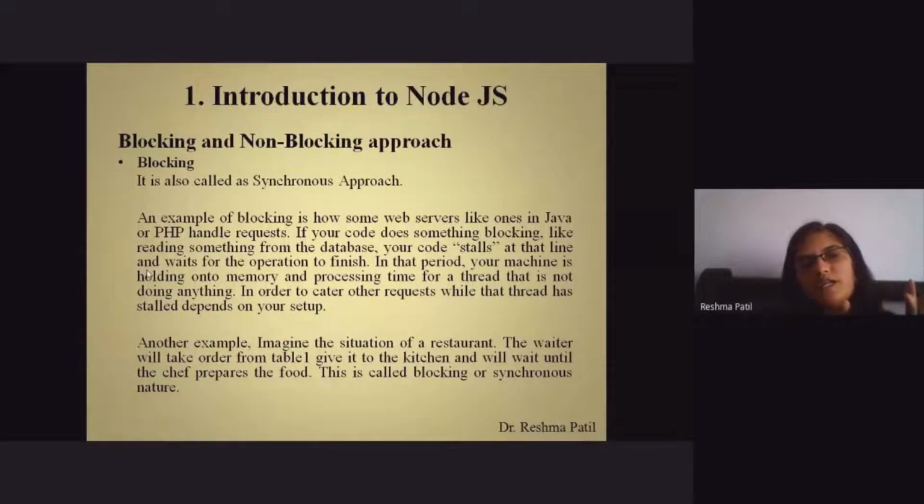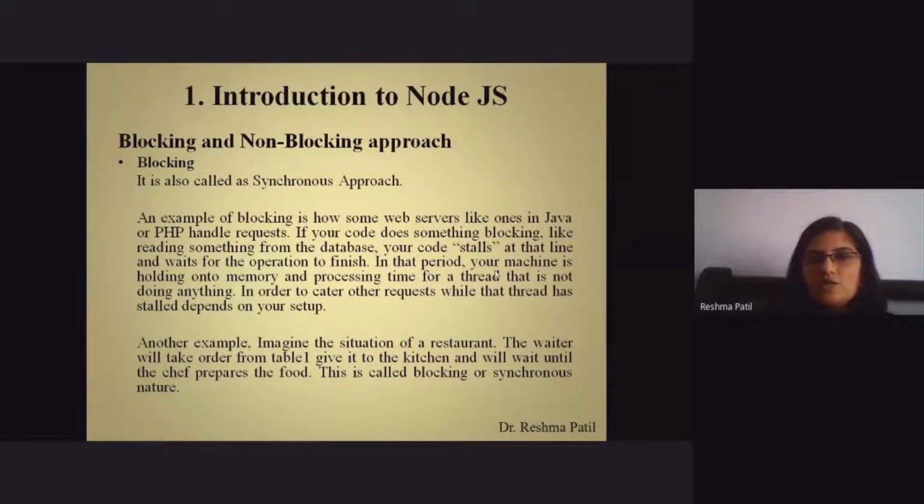Means at a particular line, if we take our example of C++, if you write cin for variable name A, that time it is going to request the user to enter something. So we are stopping there only. C++ is also a blocking type of application. So that time it is going to wait for user to enter something. That is called your code stalls at that line and waits for the operation to finish.